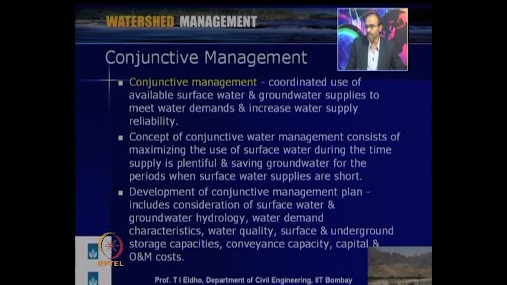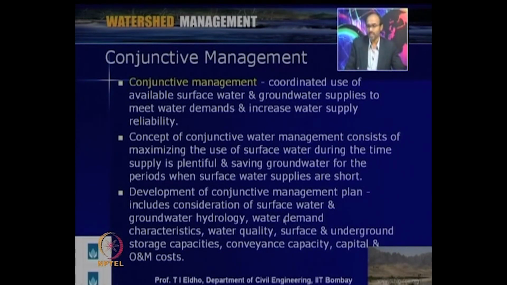The conjunctive management plan development includes consideration of surface water and groundwater hydrology. We have to see the rainfall pattern, the geological characteristics, the hydrogeological pattern, then water demand characteristics: how much water is needed, for what purpose, and when it is needed, and what season farmers need more water.